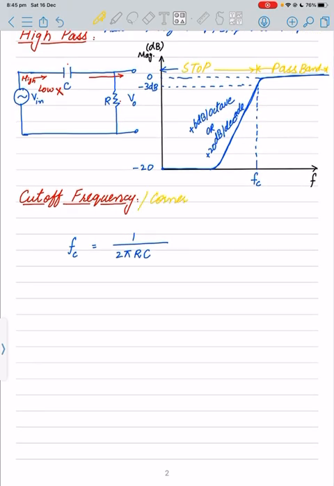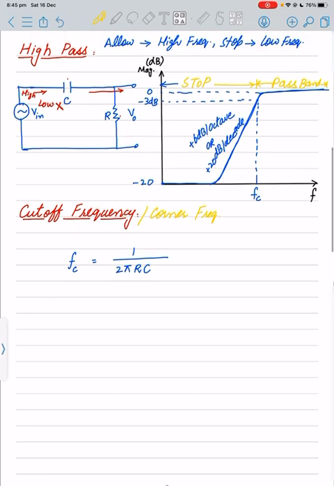So that is actually the main point that is used for the calculations for designing the different filters. क्योंकि इस point के बाद जो है वो हमारा filters का behavior that actually changes. So that's why we are more interested in finding that particular value for the filter. So that is the corner frequency or the cutoff frequency.